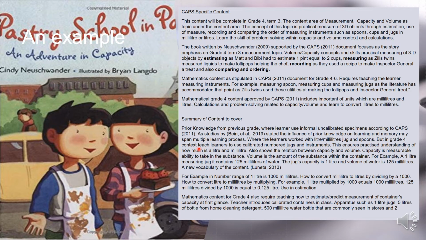In Grade 3, learners worked with liter and milliliter jars and spoons, but Grade 4 content teaches learners to use calibrated numbered jars and instruments.